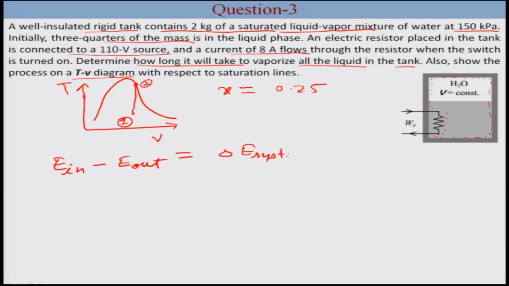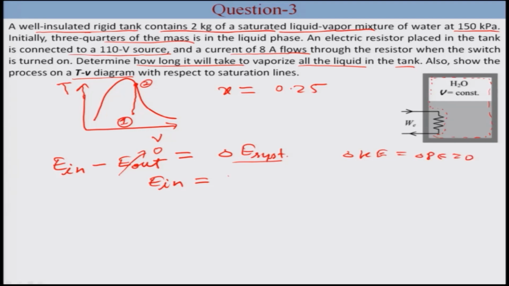Since this tank is well insulated, there is no energy coming out of the system. Only energy in will be here, equal to change in total energy of the system. Since the system is stationary, delta KE and delta PE will be 0.